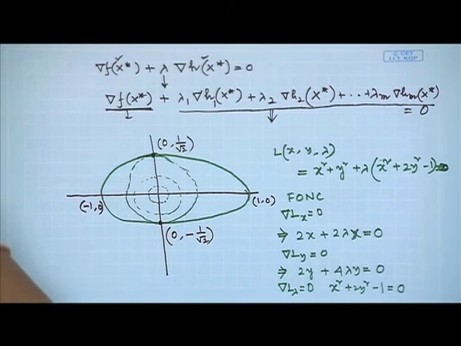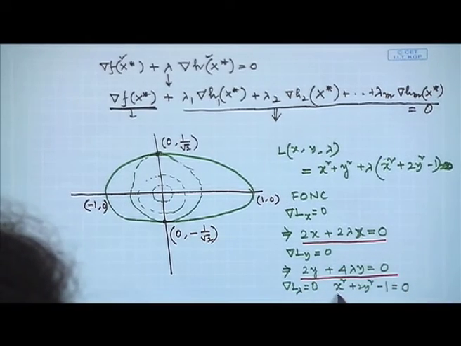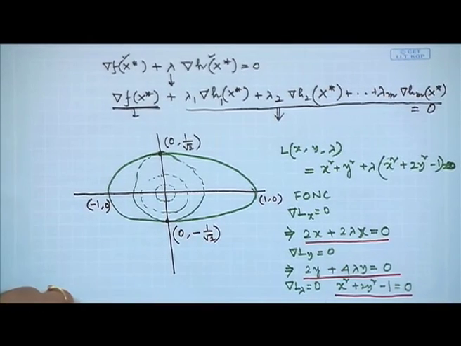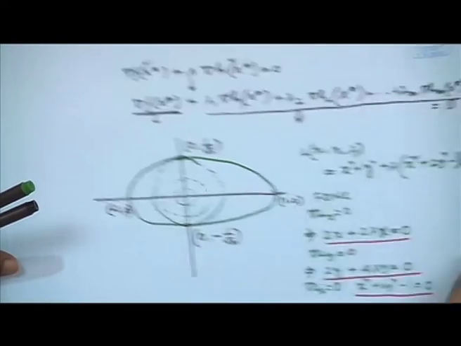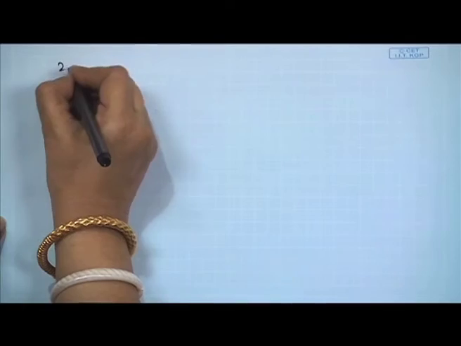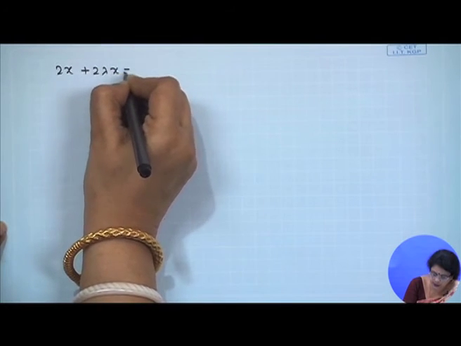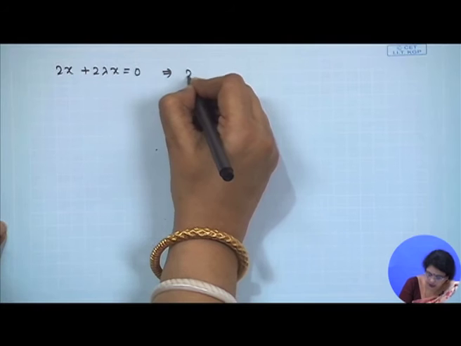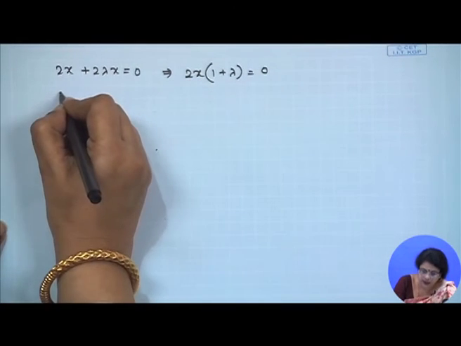Then what exactly are we getting? We are getting 3 equations and 3 unknowns from here. Let me write down once more the equations for you. That is 2x plus 2 lambda x is equal to 0, which implies 2x(1 plus lambda) is equal to 0.